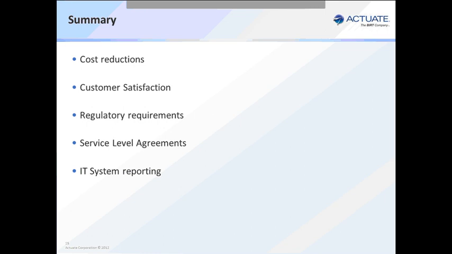So in summary, we've shown how organizations can achieve cost reductions through implementation of repository, increase customer satisfaction, meet their regulatory document storage requirements while maintaining high service level agreements, and additionally, improve system reporting.